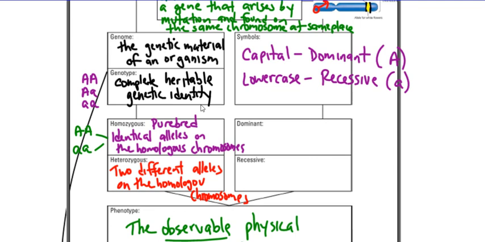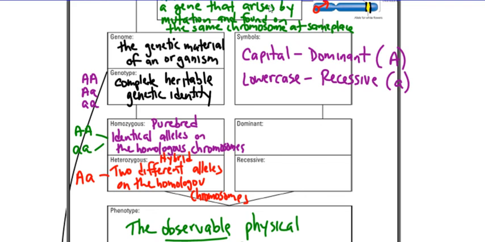And we would call this a hybrid. And this is when we have one of each. One capital, one lowercase. So two out of our three situations, we call it a purebred. One out of the three, we call it a hybrid.